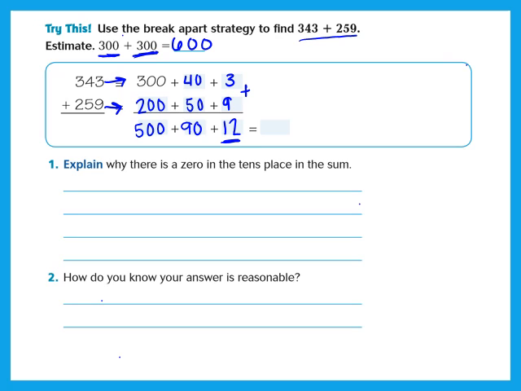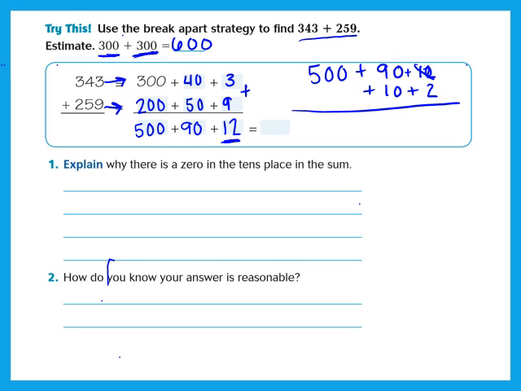So I'm going to regroup that as 10 plus 2. And I'm going to write over here to the side, and you should do this too, 500 plus 90 plus 10 underneath that. And then we're going to have this 10, or this 12 rather, but I'm going to cross that out and write 2 here.